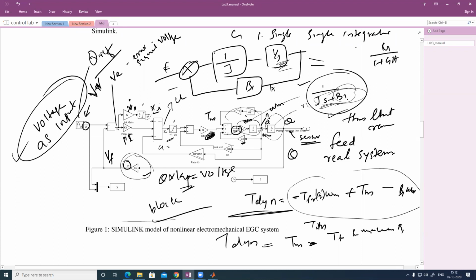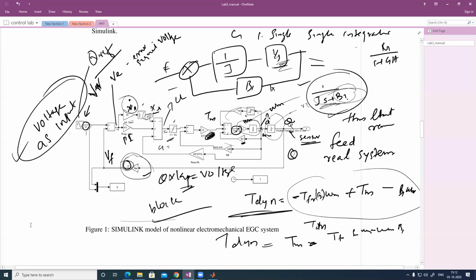Your Xi dot is here, integrating, Xi is here, that integrator output is Xi. Then it is Xi dot here. And this is theta, and theta multiplied by Kp will give you VF, and this is the VR.